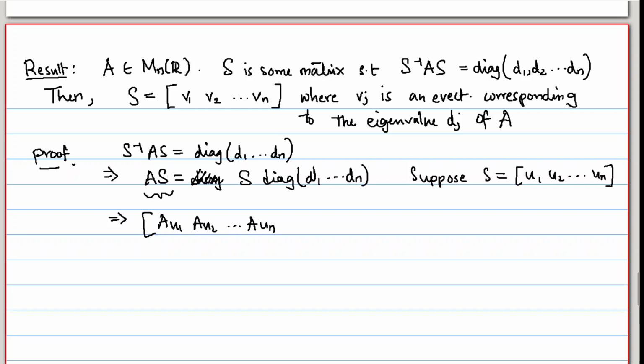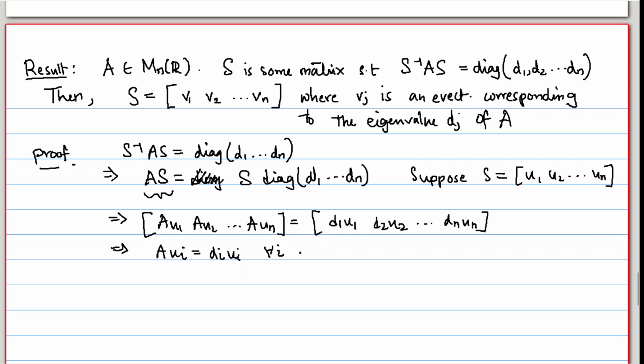On the right hand side you have D1 times U1, D2 times U2, and so on up to Dn times Un. This means that A ui equals di ui for all i.